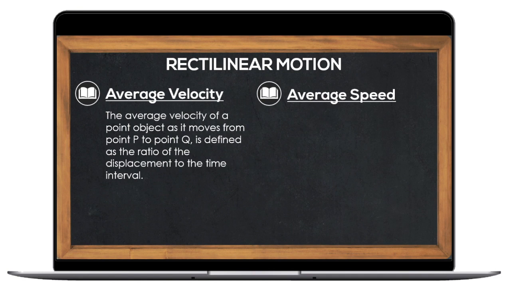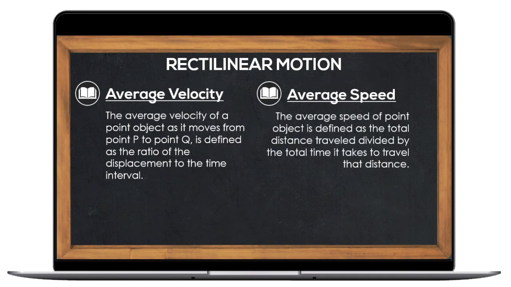Whereas when we talk about the average speed, the average speed of a point object is defined as the total distance traveled divided by the total time it takes to travel that distance. So average velocity is simply the displacement or the change in position, or the final point minus the initial point, all divided by the time interval.